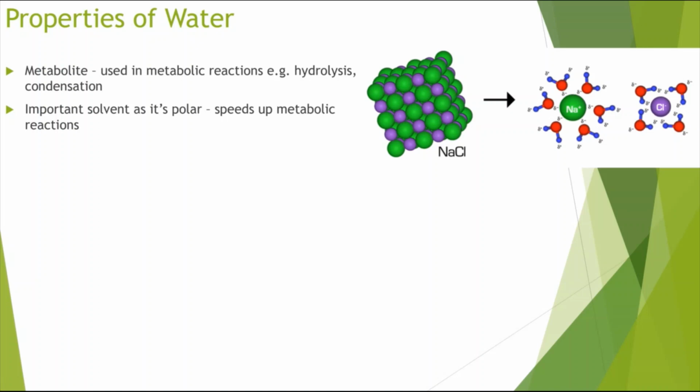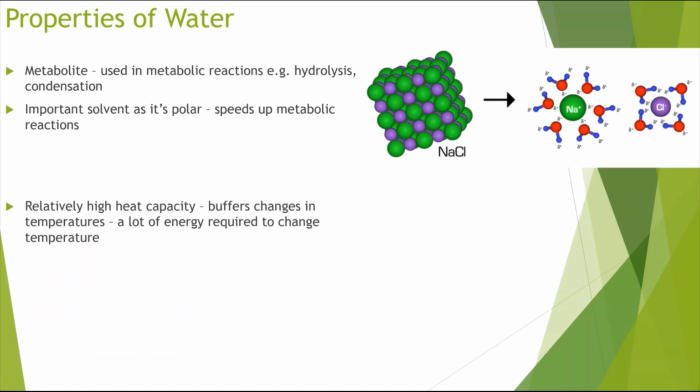Cl minus has a negative charge, so the positive part of the H2O molecule, which are the hydrogens, would form a bond with Cl, and this is how dissolving basically happens. This is what dissolving is.